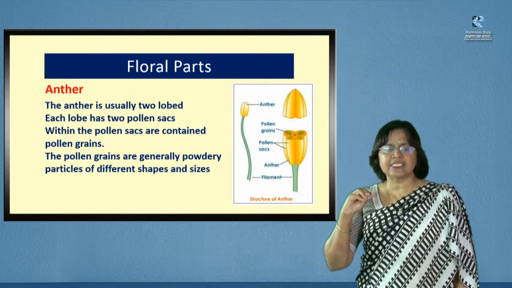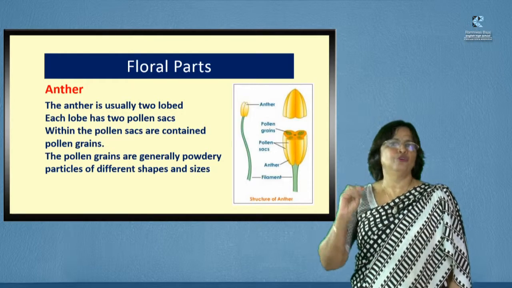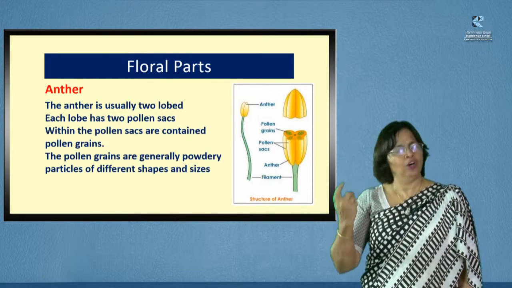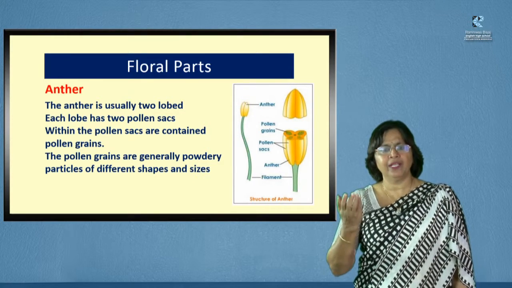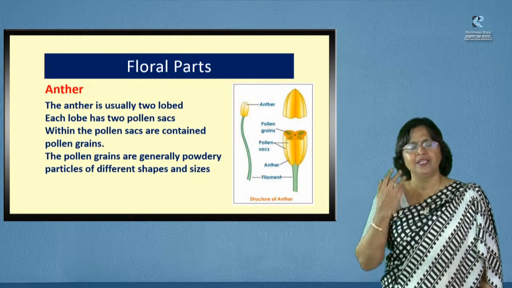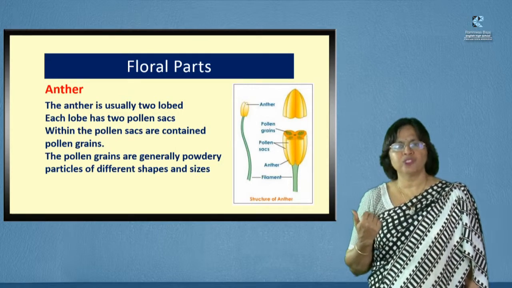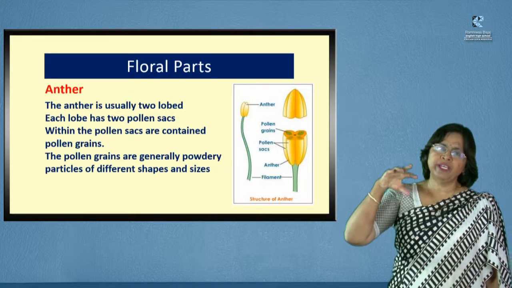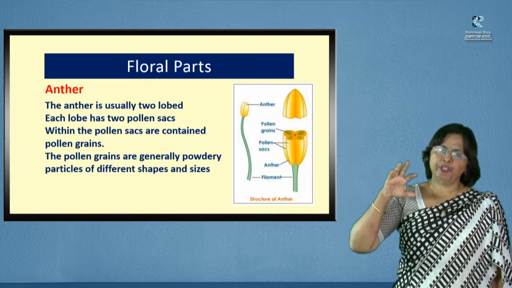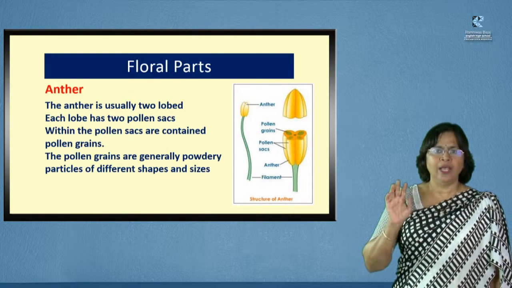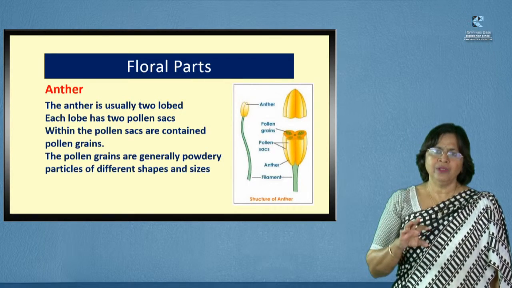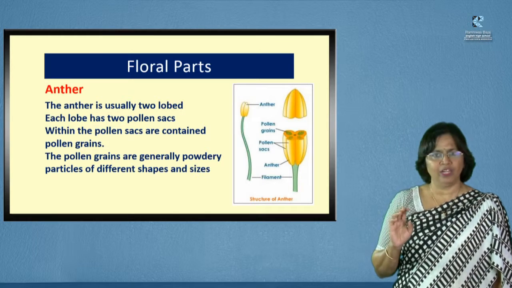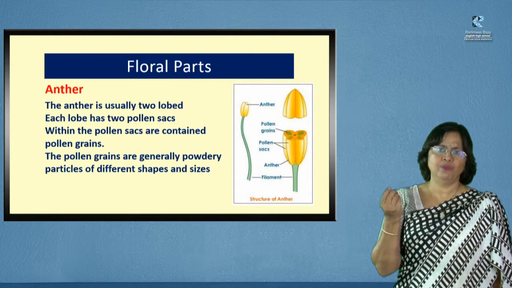You can make out the 4 chambers or locules that make up the pollen sacs of the 2 lobes of the anther. In these, all the powdery pollen grains are produced and stored. So the anther is the seat for production and storage of pollen grains. They look like yellow powder in most cases.